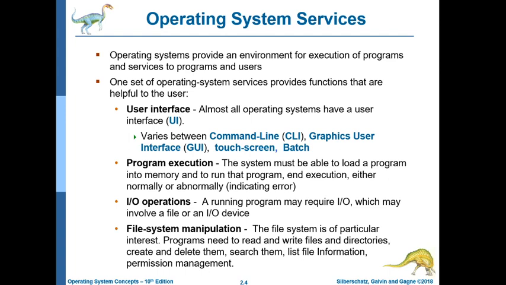Okay, let's continue. There is some kind of program execution that's running on the system. When this happens, the system must load the particular program into memory, run and execute it, and provide certain details about the program, right?